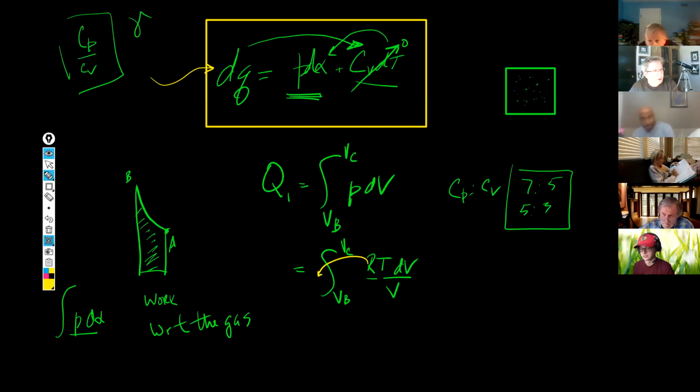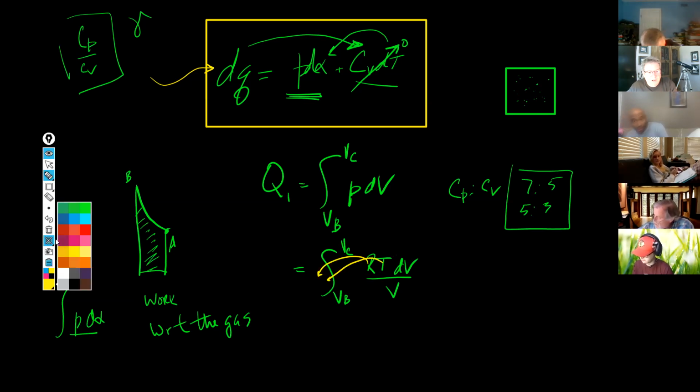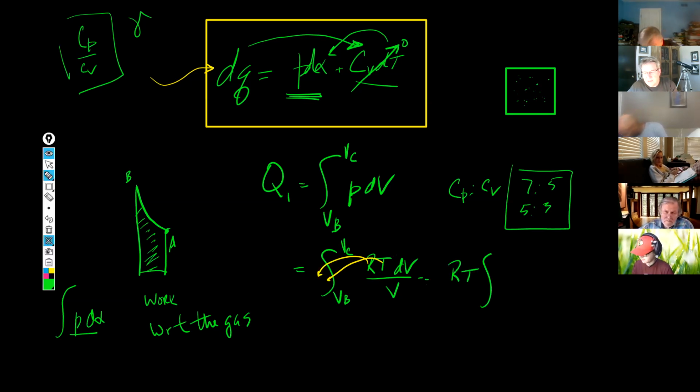I'm drawing that heat in, and the heat will come in enough to compensate for the cooling of expansion. So that comes out. So that results in RT times dV over V from VB to VC, which is nothing more than RT natural log of V integrated from VB to VC, which is an easy thing to do.